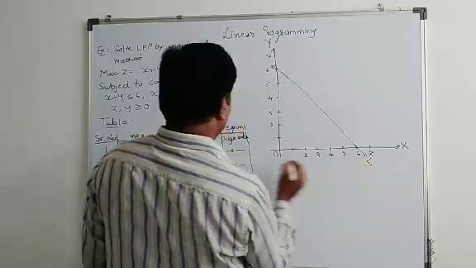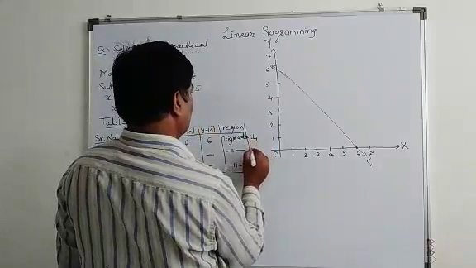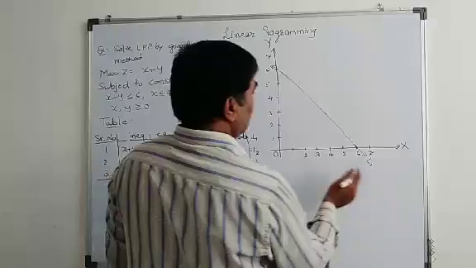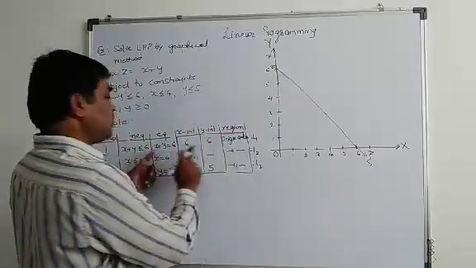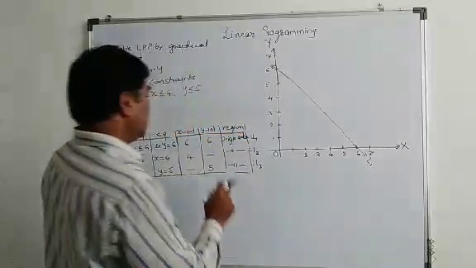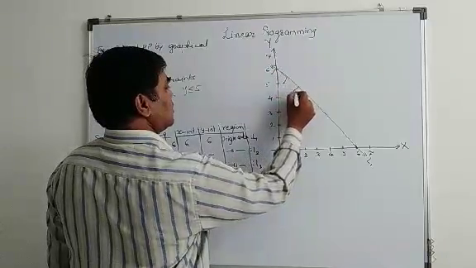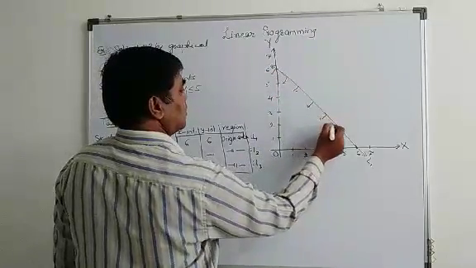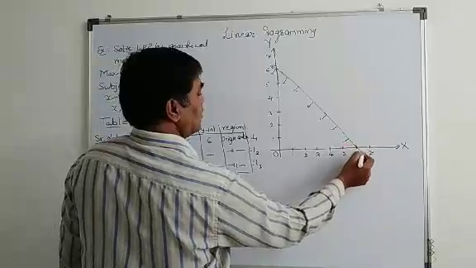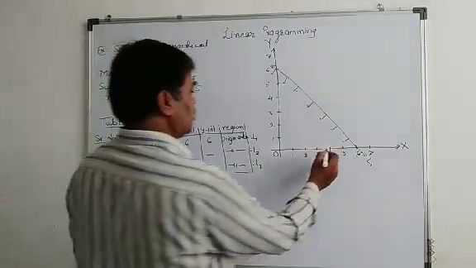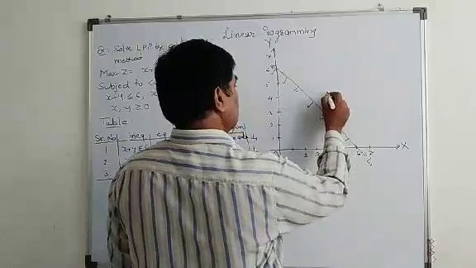This is the L1 line, say. This is L2, this is L3 line. Or you can write its equation x plus y equal to 6 here also. Now the origin side region means this side region for that inequality. The line x equal to 4 cuts the x-axis.